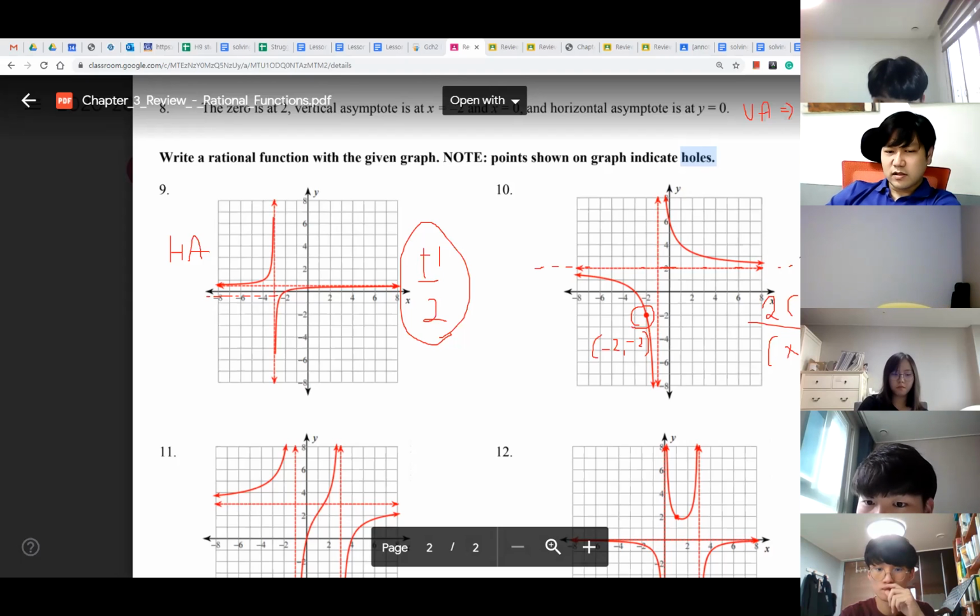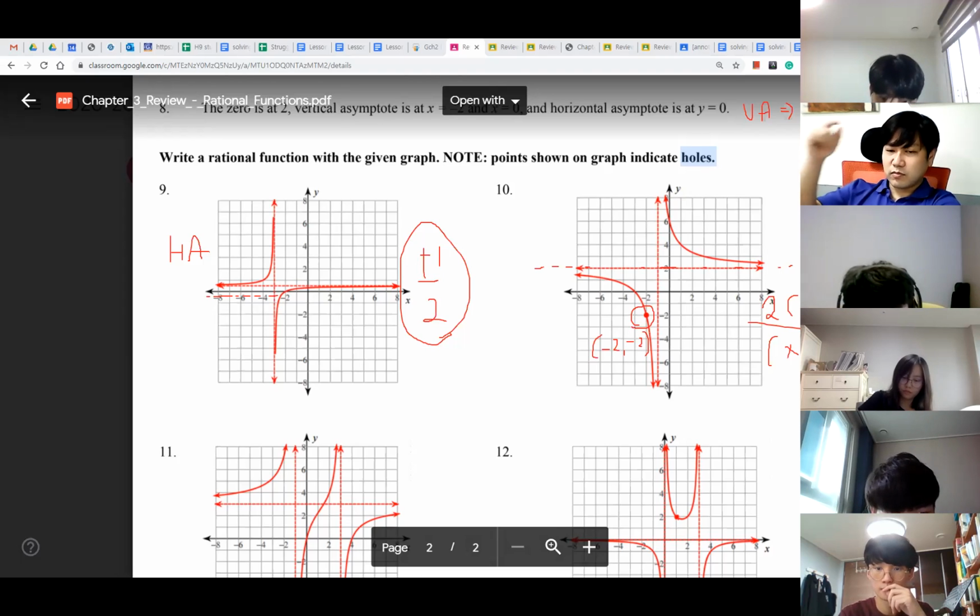Okay, and what else does it tell us? If you have a horizontal asymptote that is not 0, think about the degree of each one. They have the same degree. Okay, so we are missing something here.